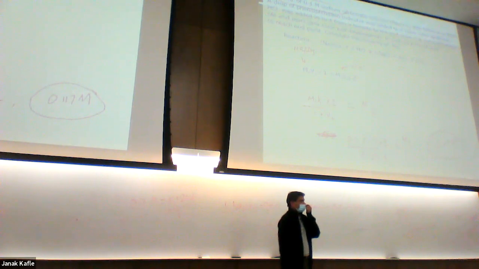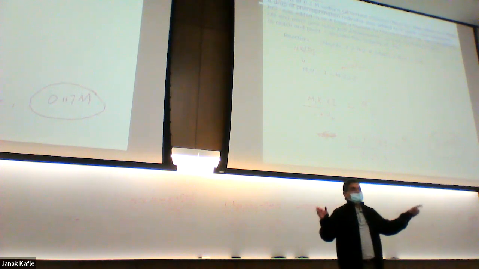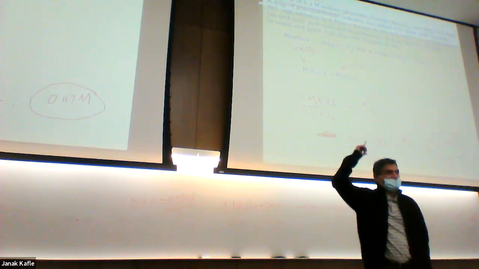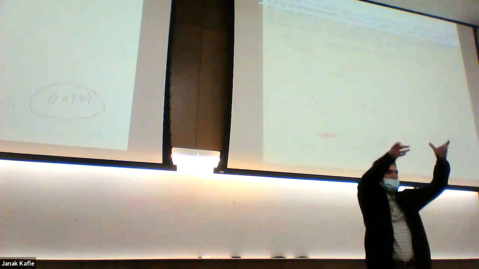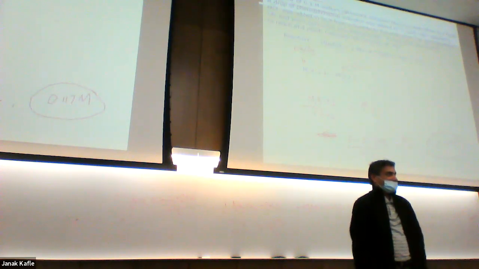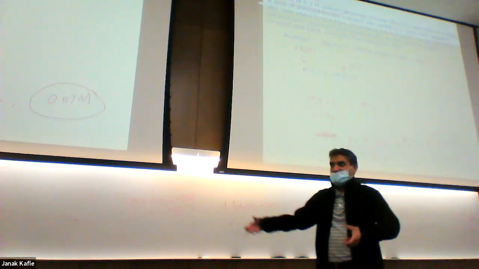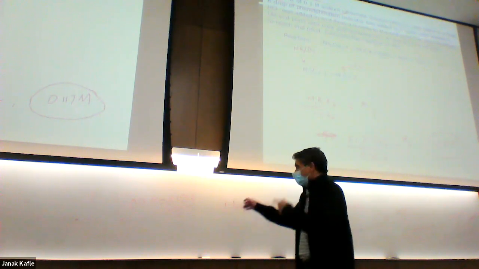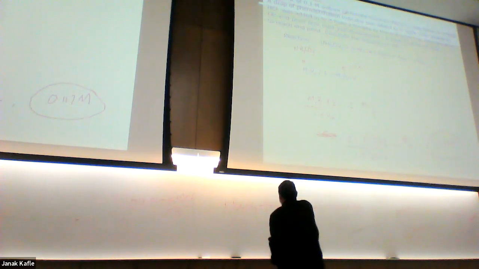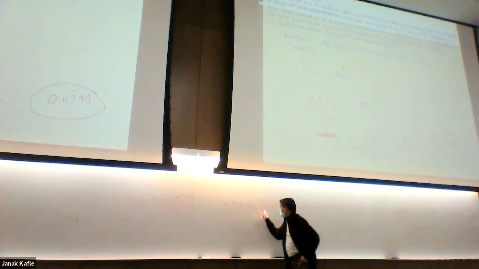Make sense? Good. So V1 M1 equals V2 M2 is always the same when we are doing dilution. Last week when we were doing the dilution, we were not doing a reaction. We were just diluting, dumping water in. So if I have some hydrochloric acid and I dump water, that formula is always V1 M1 equals V2 M2. But when we are doing a reaction like this, we need to look at the mole ratio.